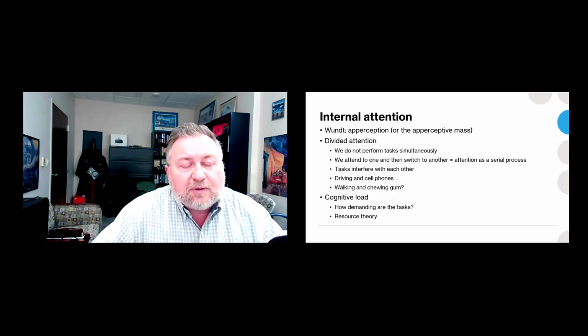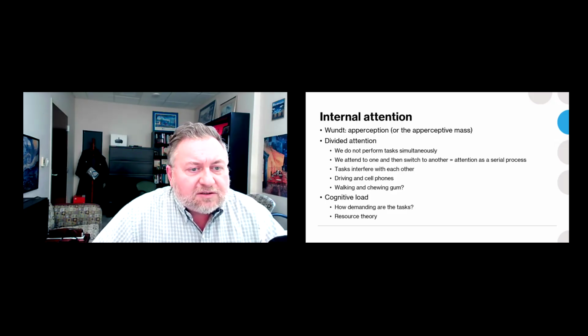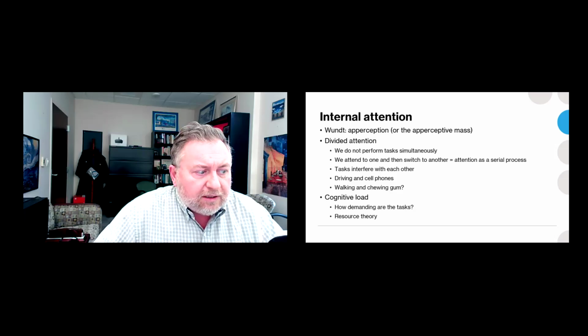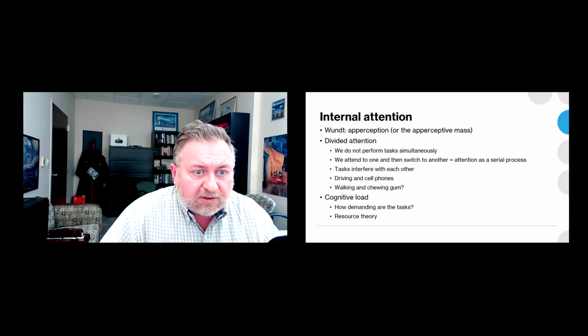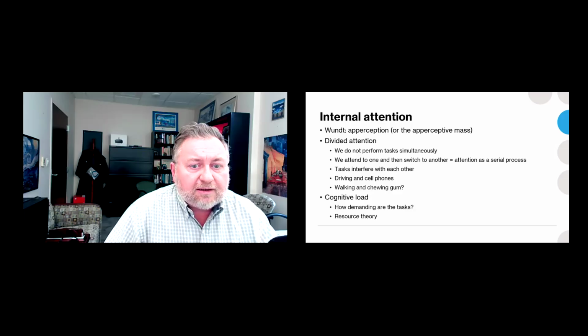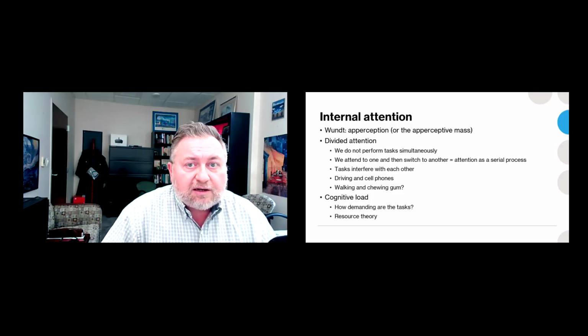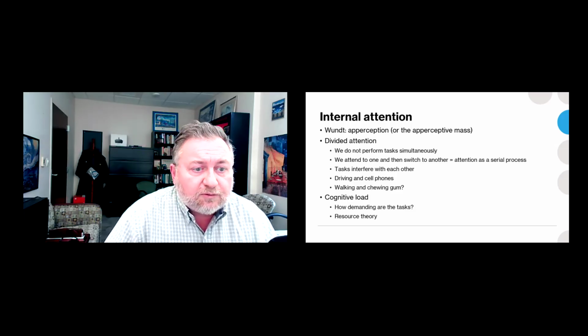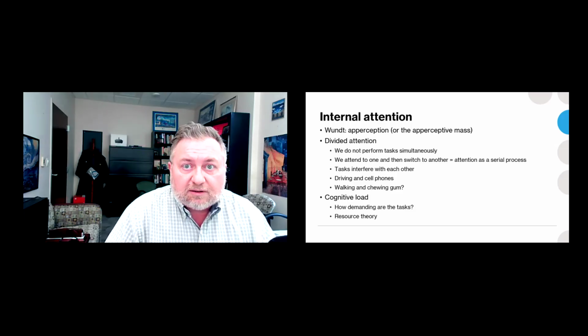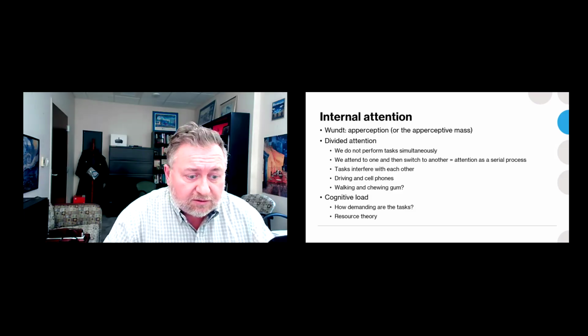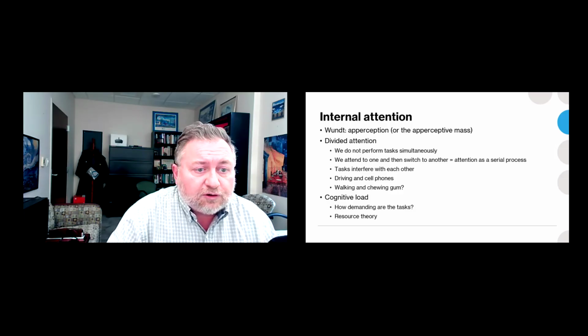So what are we talking about? A lot of the stuff when we covered attention in the previous chapter, we could think of as external attention because we're really focused on how people allocate their attentional effort, their spotlight of attention, and these other kinds of metaphors to external stimuli. Right? We talked about the vigilance paradigm and how people have to attend to a screen and do this for a long period of time.